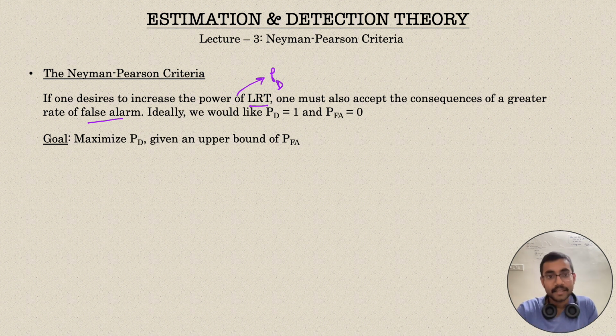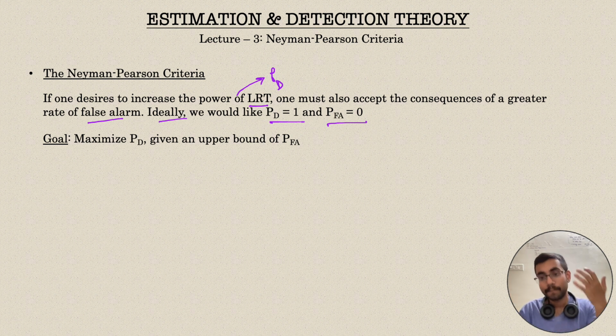You see, the ideal scenario would have been that we detect with 100% rate of detection and there is no false alarm. But in reality, this ideal limit is not reachable in most systems, which are much more complex than the example that we are dealing with. This is simply not possible. We are bound to have some false alarm and correspondingly we are bound to have some probability of detection.